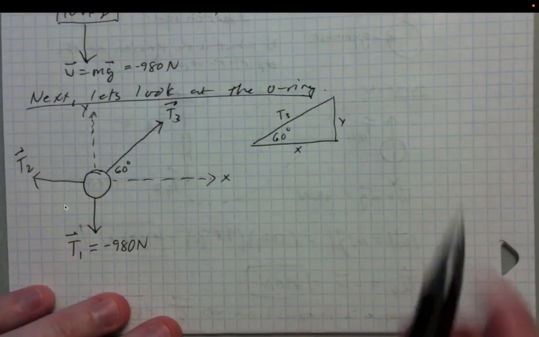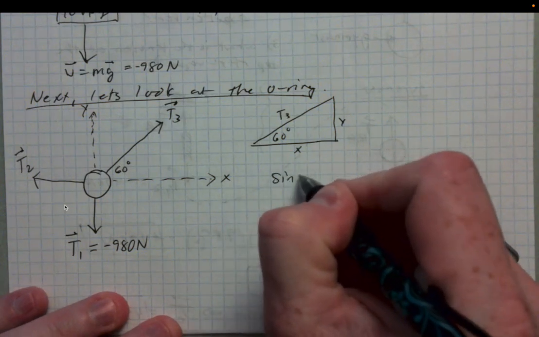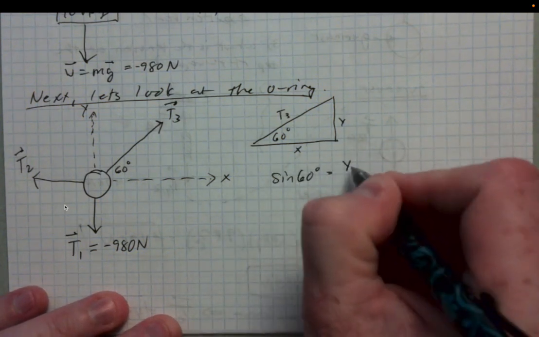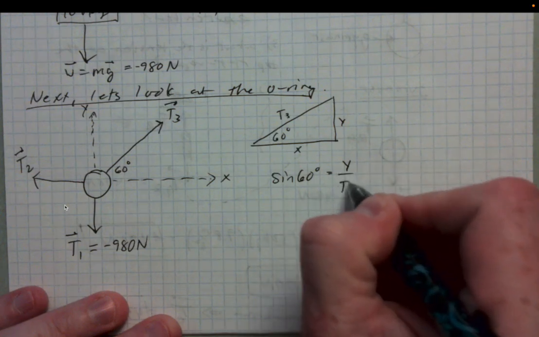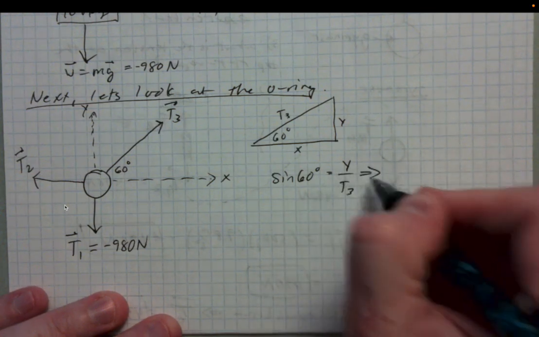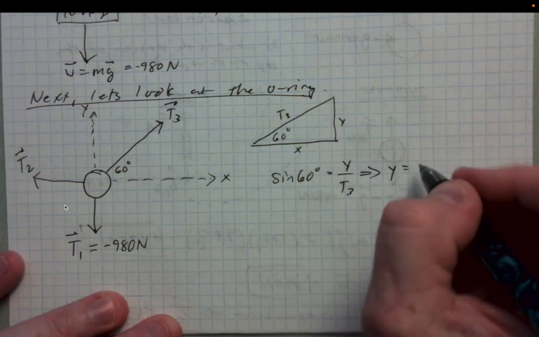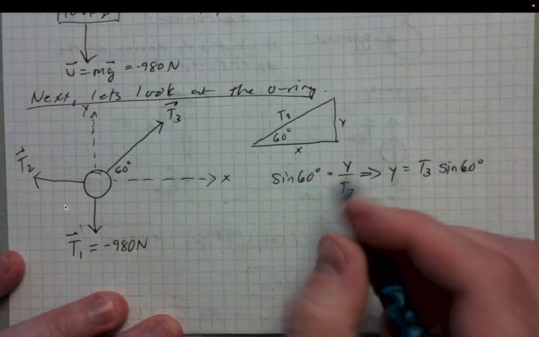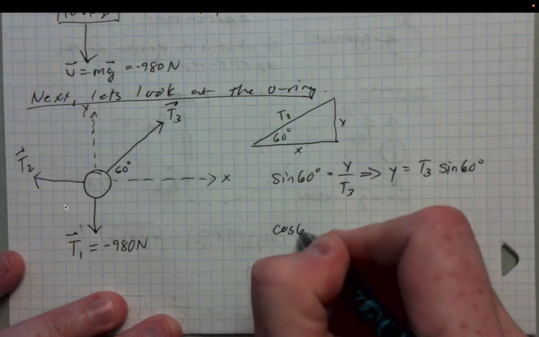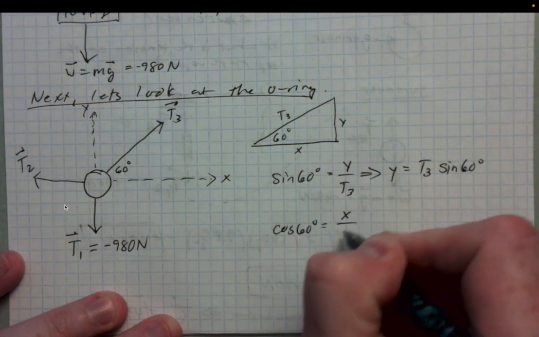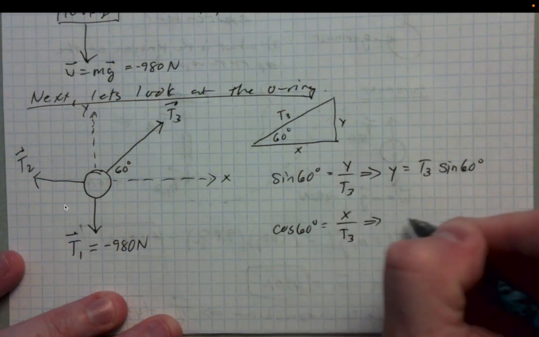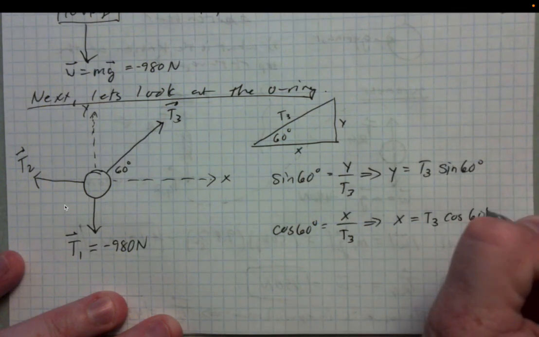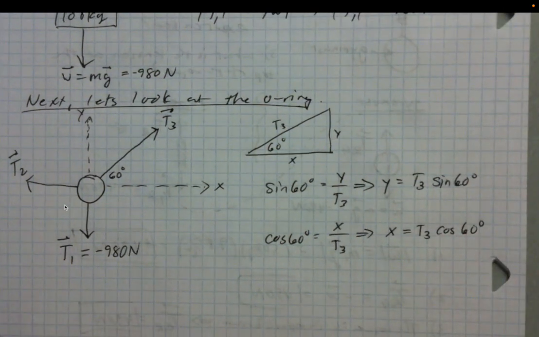Well, basically, what we could say is that the sine of 60 degrees is equal to y, the opposite side, over T3, the hypotenuse. And so that means y is equal to T3 times the sine of 60 degrees. And the cosine of 60 degrees is equal to x over T3, and so x equals T3 cos 60, right?